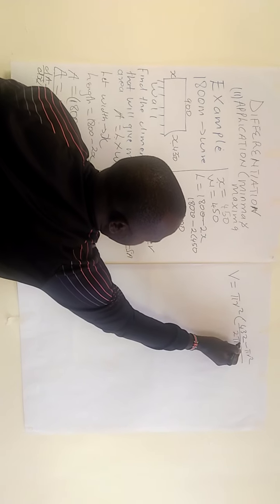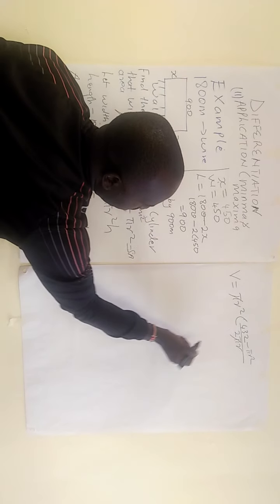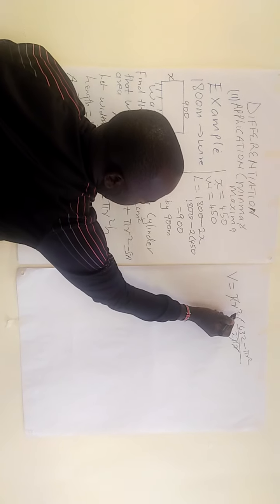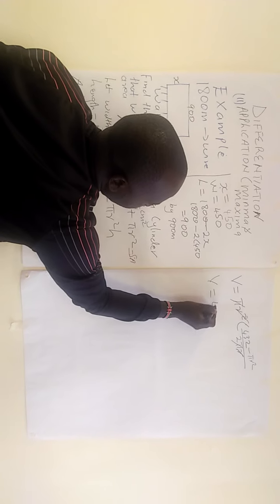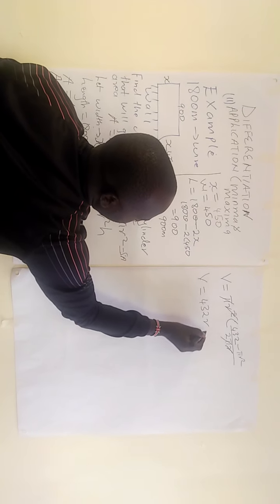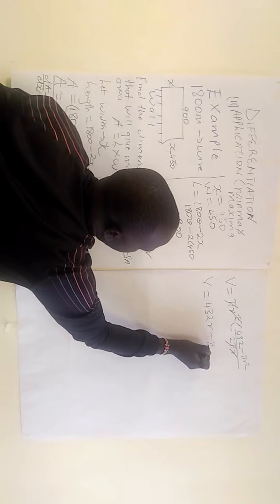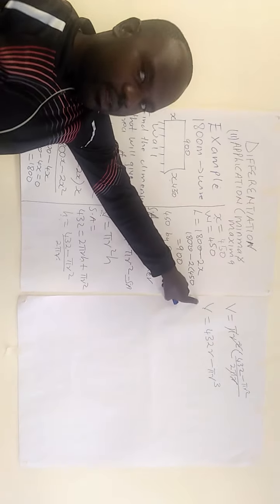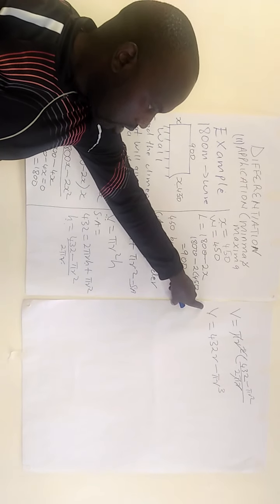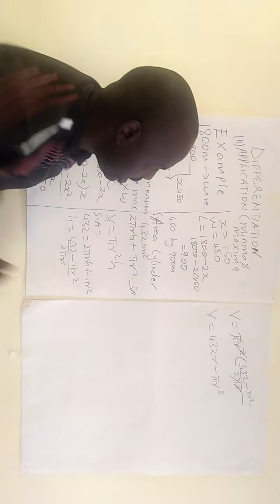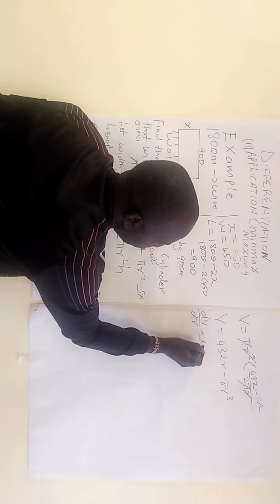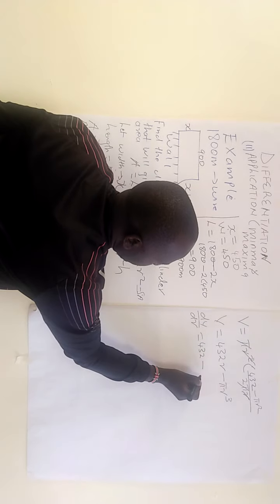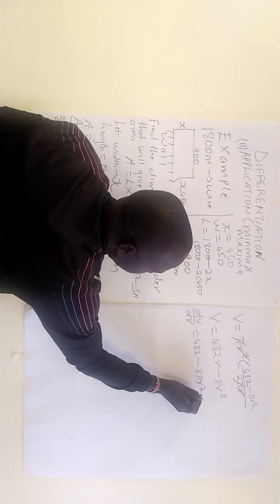You realize this pi will go with that pi, and this r will go with one r. So our V will be 432 r minus pi r cubed. Because they want maximum volume, we find dV/dr. So our dV/dr will be 432 minus 3 pi r squared.